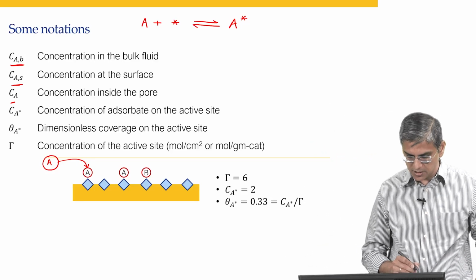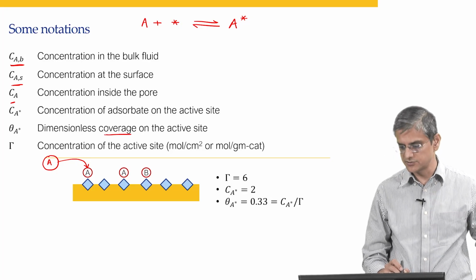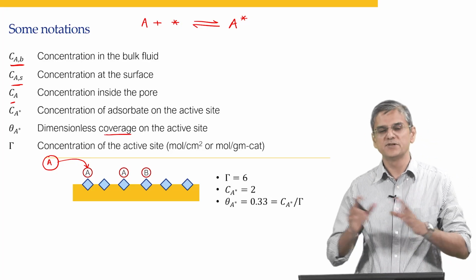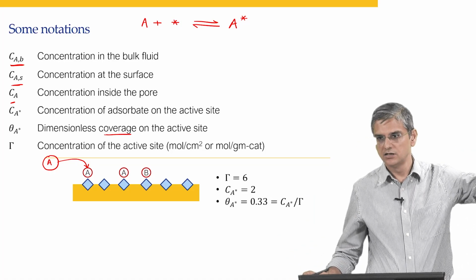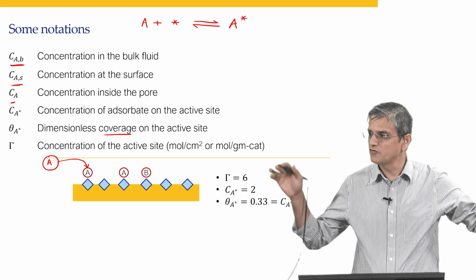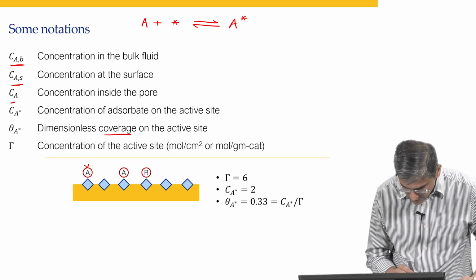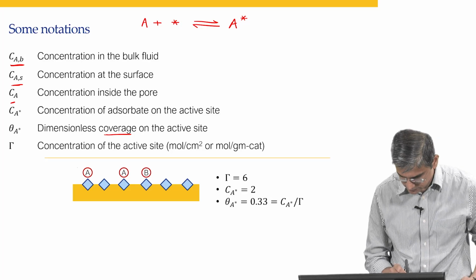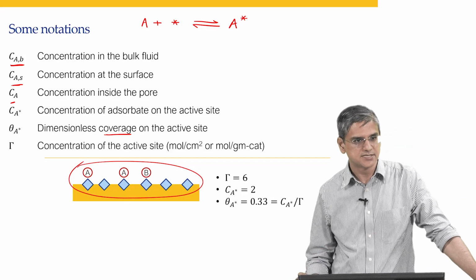A few other terminology, we will define coverage on the active site. Coverage is basically a fraction, concentration of A divided by the concentration of all the active sites. So, let us look at this particular example. There are 6 active sites.